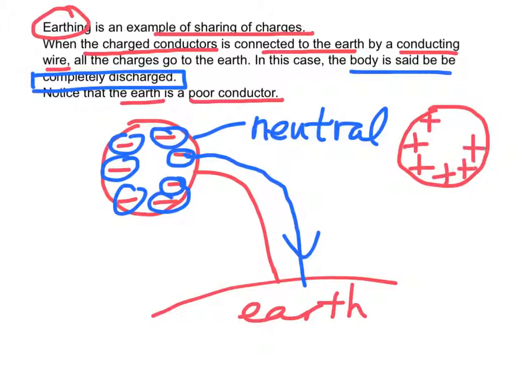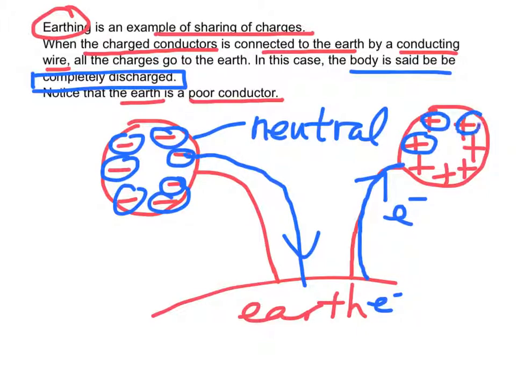What happens if we have a positively charged conductor being connected by an electric wire to the earth? In this case, the electrons from the earth go through the conducting wire to neutralize all the charges on the charged sphere.